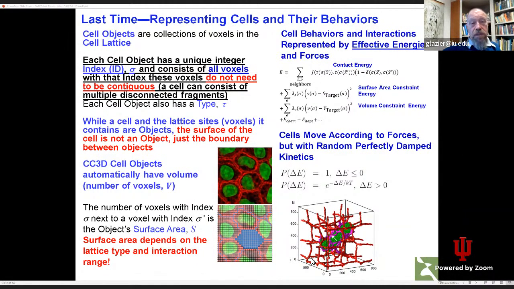We have this idea of specifying what the cells are going to do in terms of these effective energies. Those will give rise to forces. And there's this modified Metropolis dynamics where the pattern changes by attempting to move voxels at boundaries and accepting moves that reduce the pattern energy with probability 1, accepting moves that increase the pattern energy with an exponentially decreasing probability based on the energy cost.